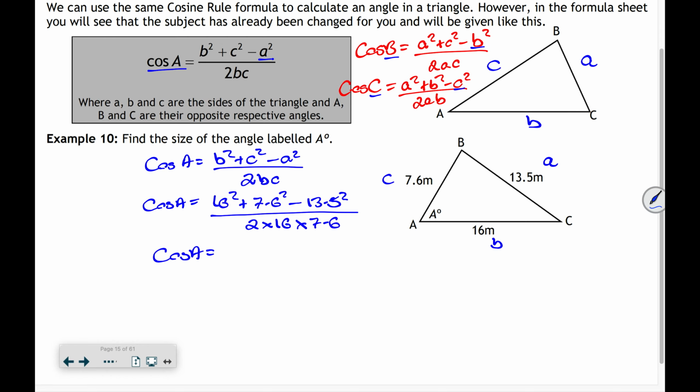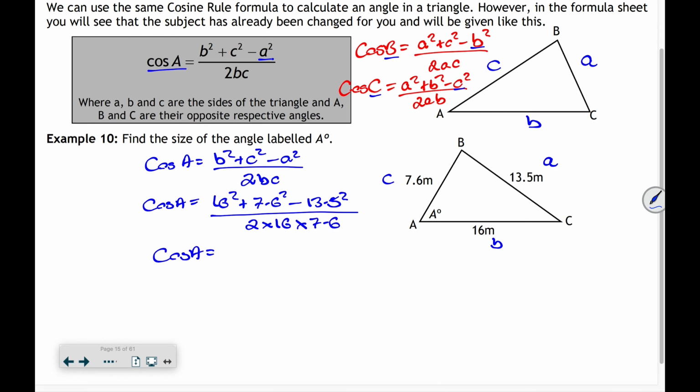So using your fraction button is the easiest way. We all have a Casio calculator anyway. So it'd be 16 squared plus 7.6 squared minus 13.5 squared all over 2 times 16 times 7.6.